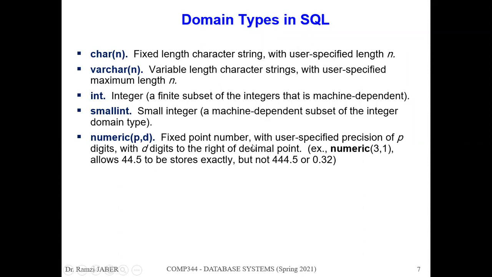But in an SQL statement in any database, when you define numeric 3,1, it means the whole number is 3 digits, not the quotient number. The whole number is 3 digits, including 1 in the decimal part. Okay, because other languages have a different format.